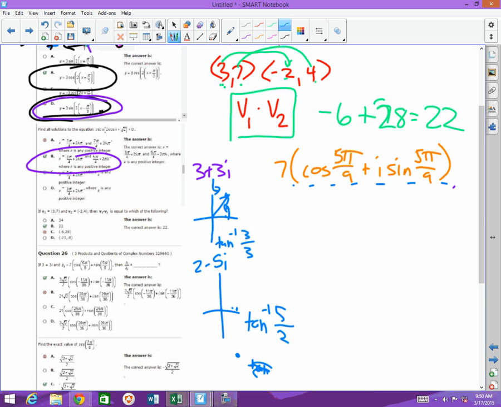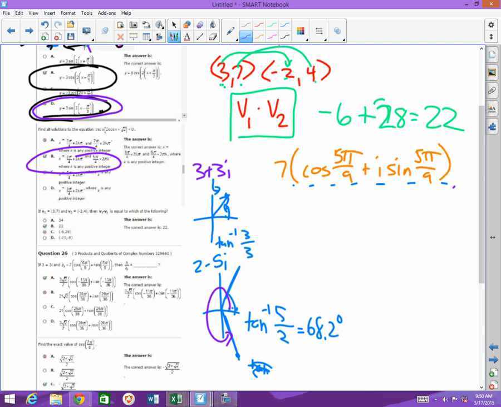5 halves equals 2.5, and inverse tangent, answer. It's approximately 68.2 degrees. Well, that's this angle going here, so we have to figure out what is this angle down there, since you always have to start here and go around the circle that way.